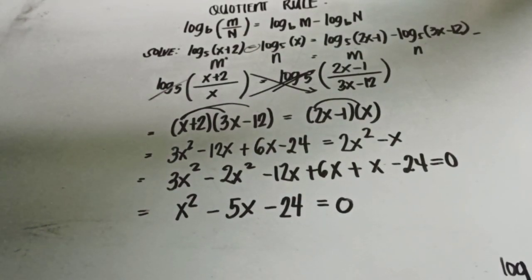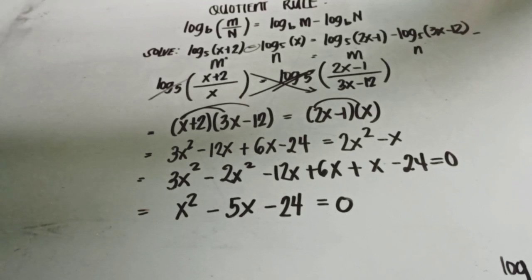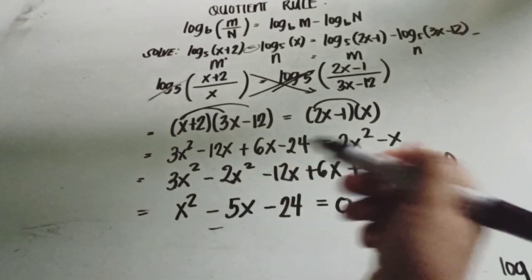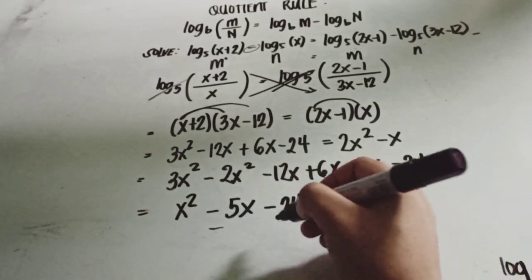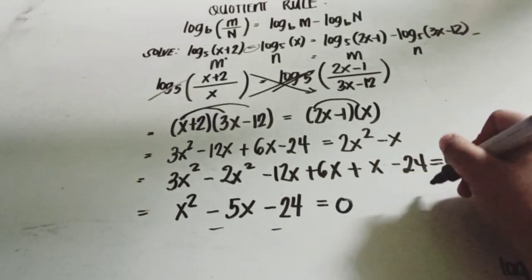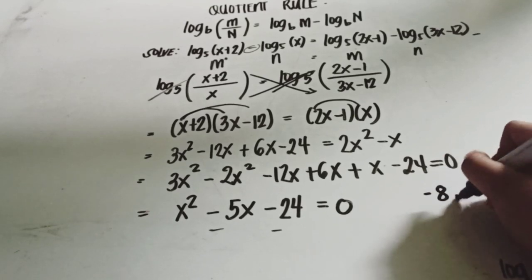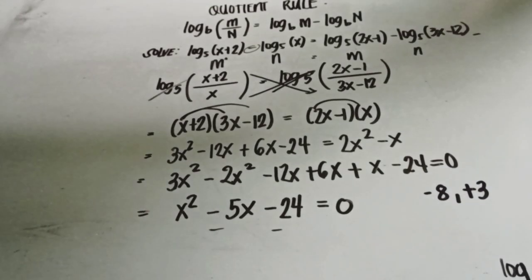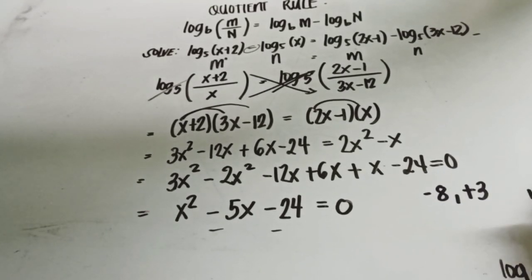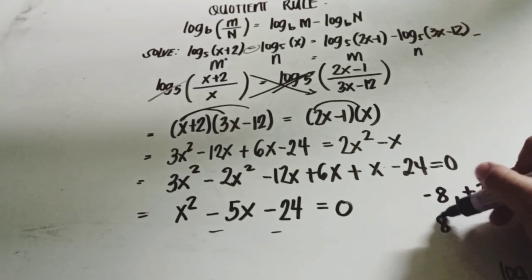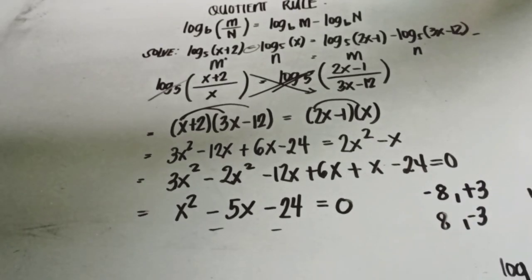Now we will try to factor this equation by the lessons we learned on factoring. So, what two numbers have a sum of negative 5 and a product of negative 24? Let's try negative 8 and positive 3, and positive 8 and negative 3.